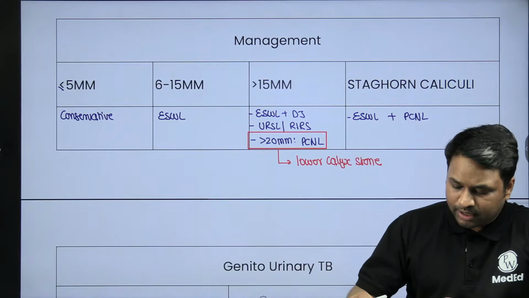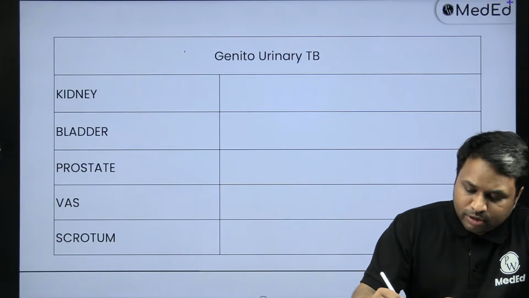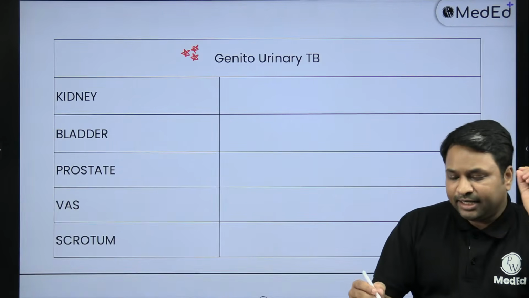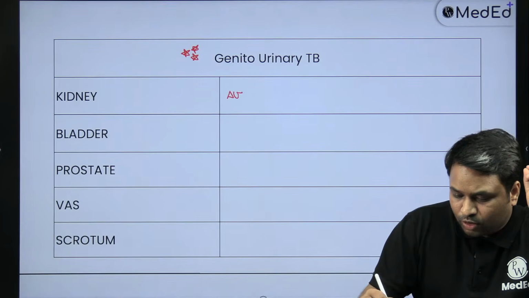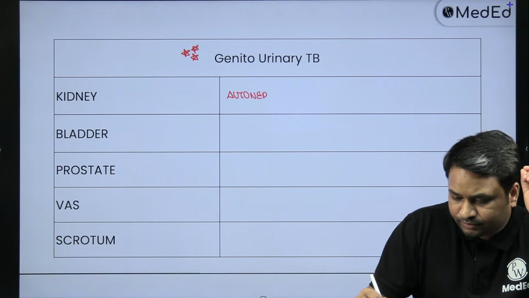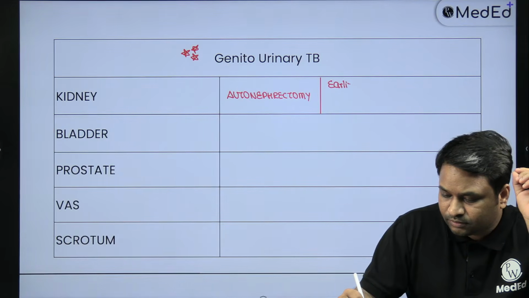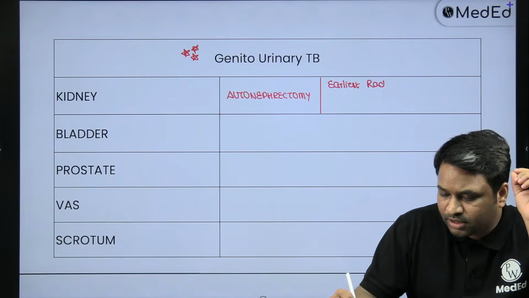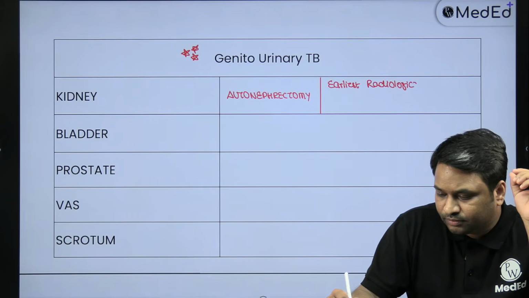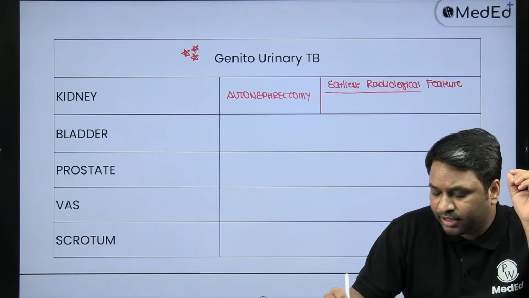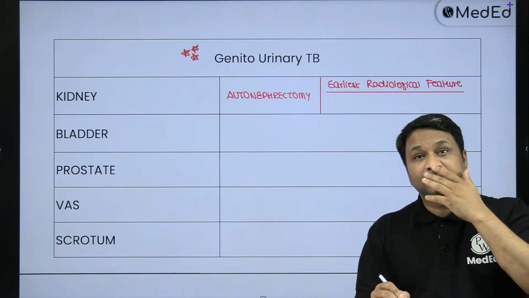a URSL or RIRS. Genitourinary tuberculosis findings are very, very important from the exam perspective. In the kidney, what do you find? In the kidney, there will be autonephrectomy. If I say what is the earliest radiological feature of the TB kidney, any idea?